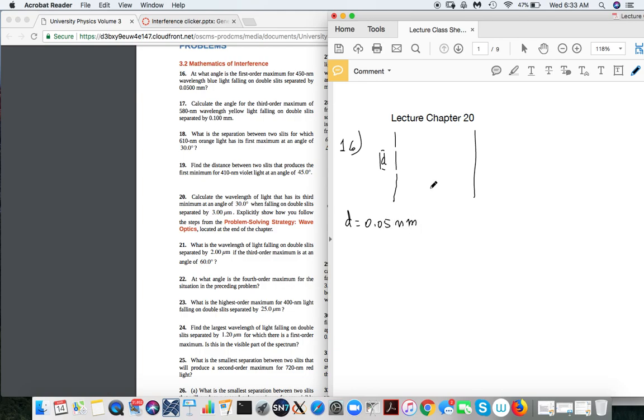You have an interference pattern that goes something like this. That's order 0, then you have another one and another one.